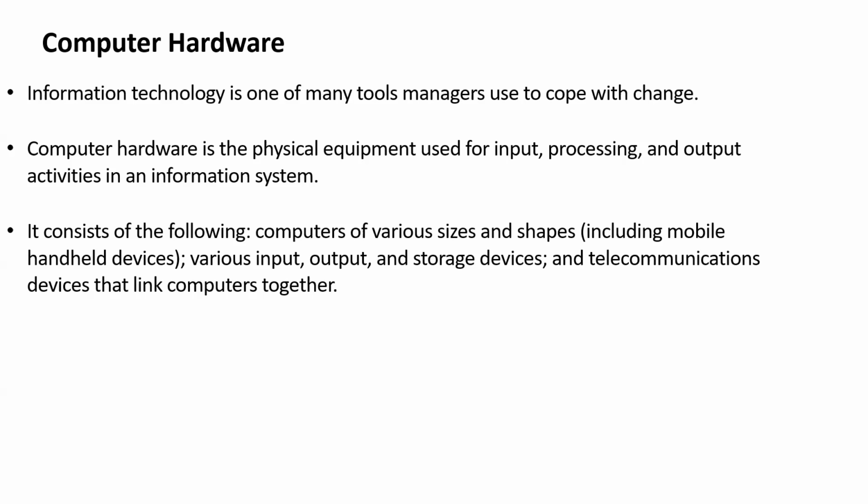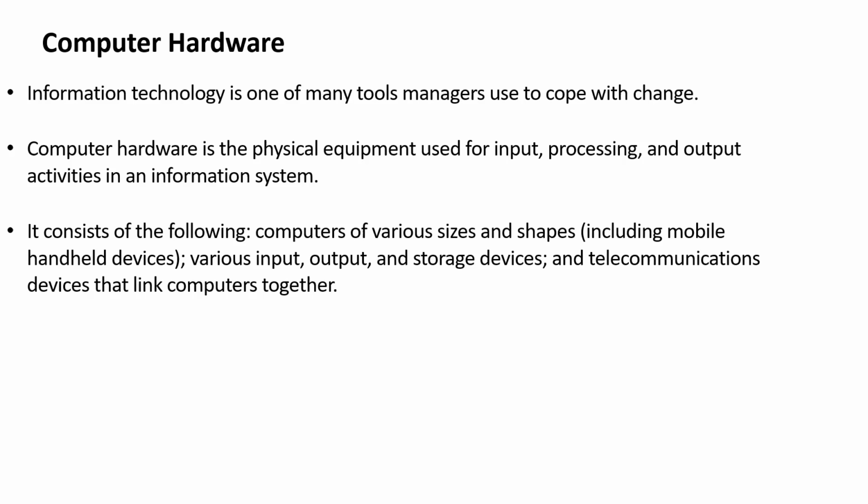So the hardware elements, so the physical elements, or let's say the tangible elements, which facilitate us to input data and then do the data processing and then go for the output. So for these activities in an information system, we identify them as physical equipments used for input, processing, and output activities, right?